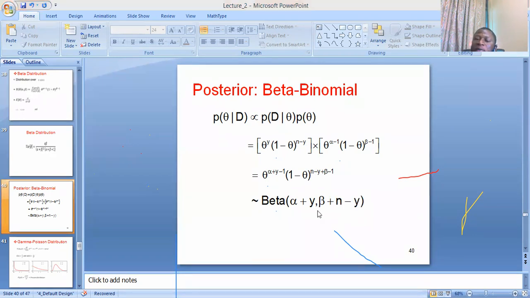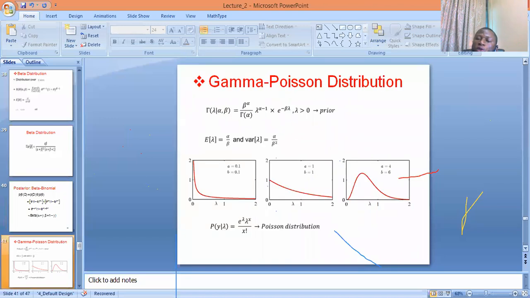So we know the alpha for the posterior, and then that of the beta for the posterior.